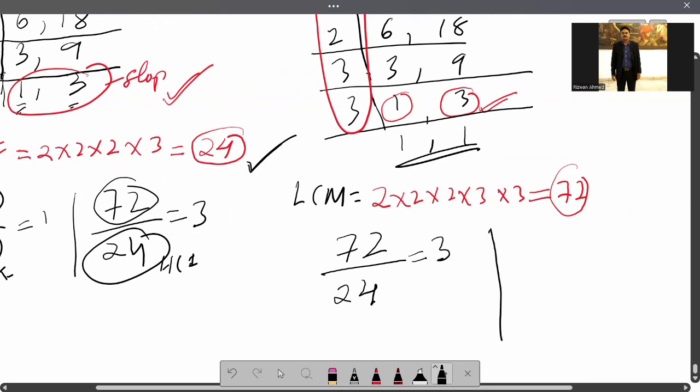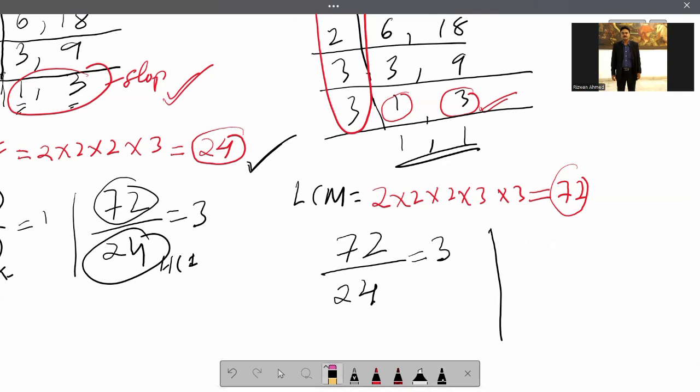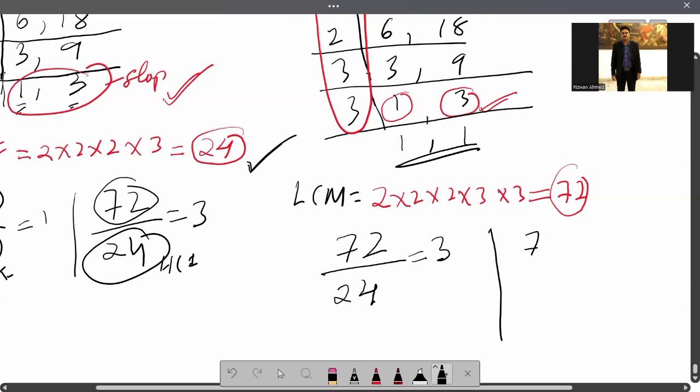Same, check with the other number, that is 72. 72 is your LCM, and it is divided by 72. So that means it is divisible. So your LCM is correct.